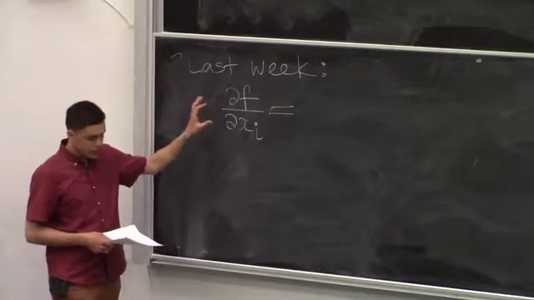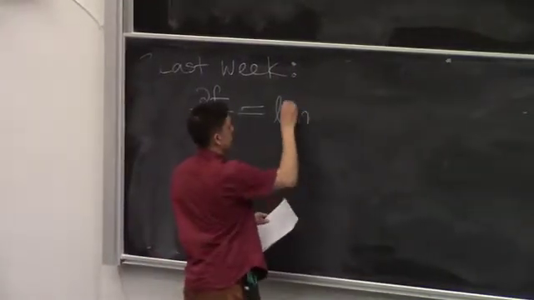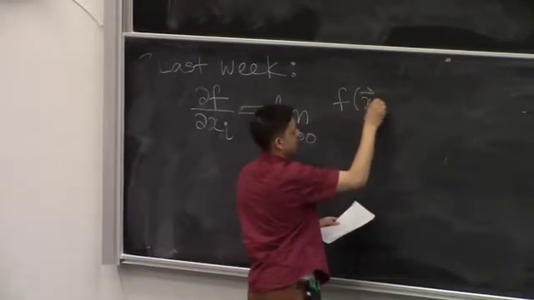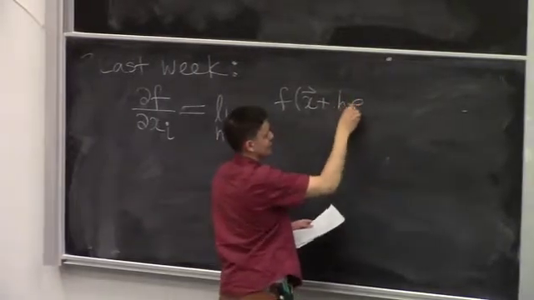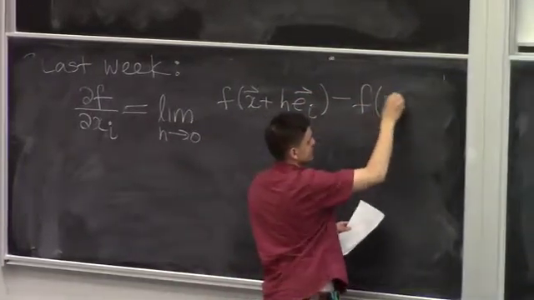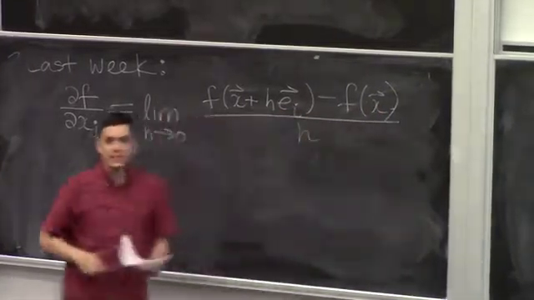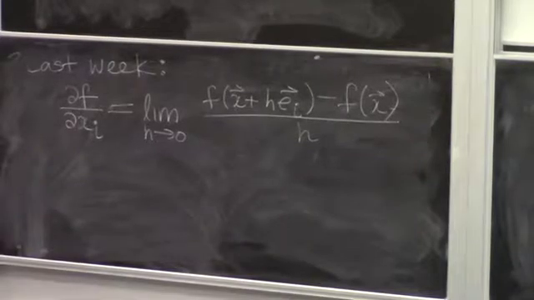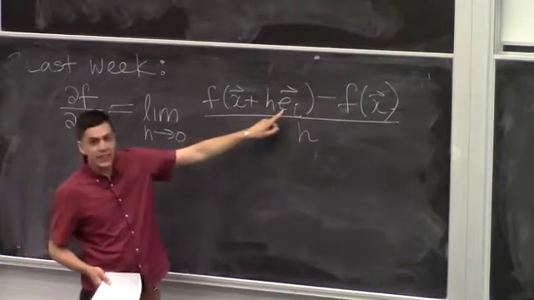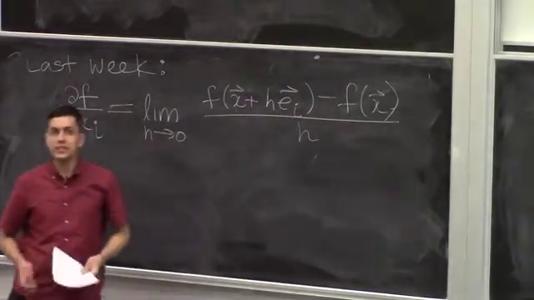So one of the ways of writing this thing down is as this limit of h. What we do is we take our input, we add h copies of a basis vector, and then we take the rate of change.